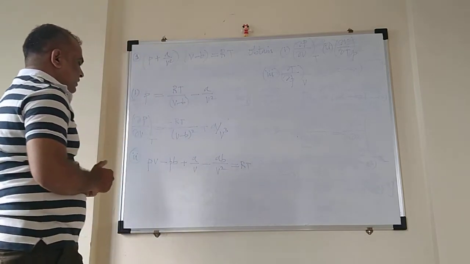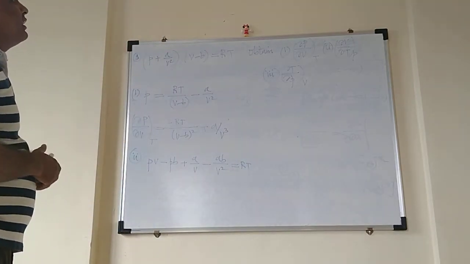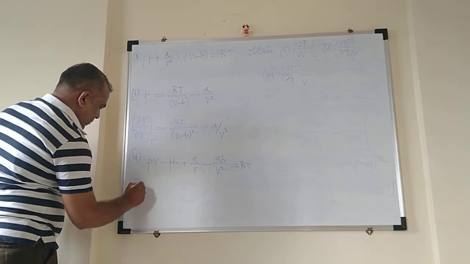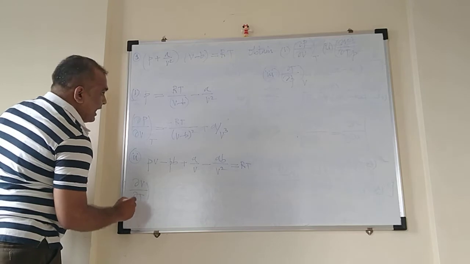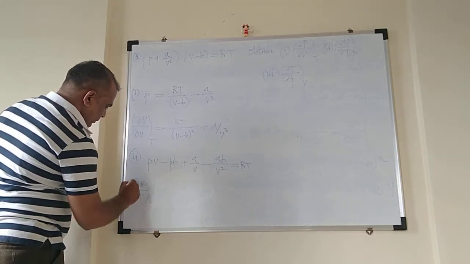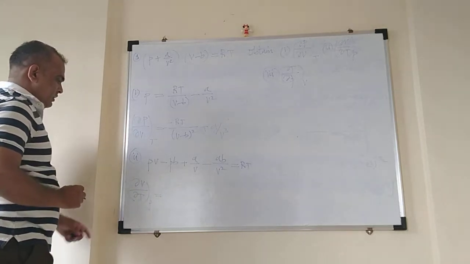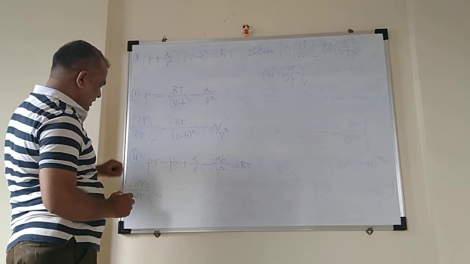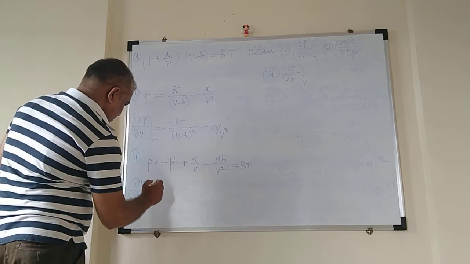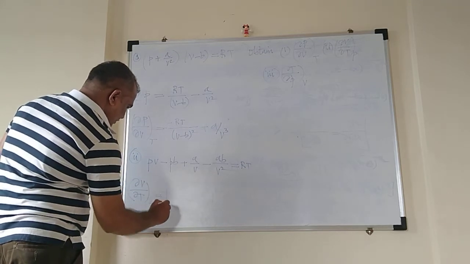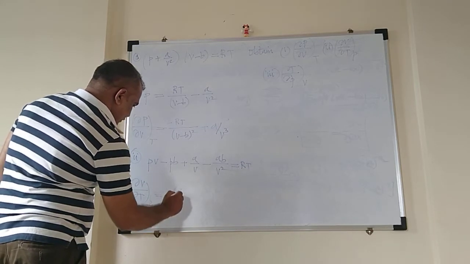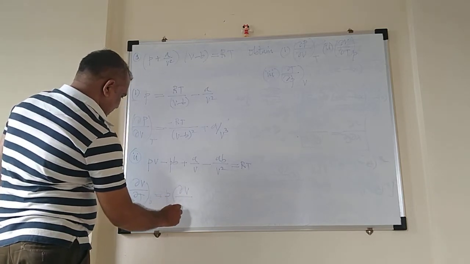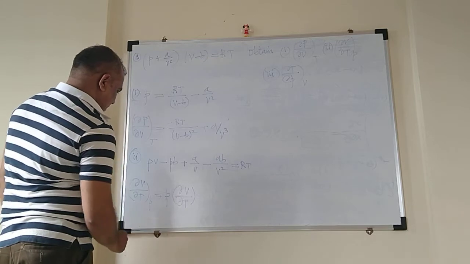Now this is your equation. Now differentiate V with respect to T. Now ∂V/∂T at constant P, that means pressure is acting as a constant. Now P I will write as it is into differentiation of V with respect to T, so P is a constant, so I will get P into ∂V/∂T. Fine.